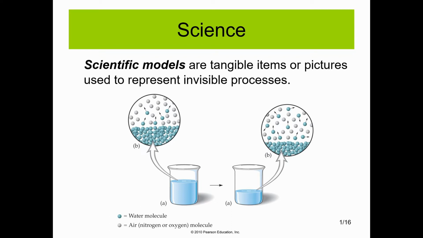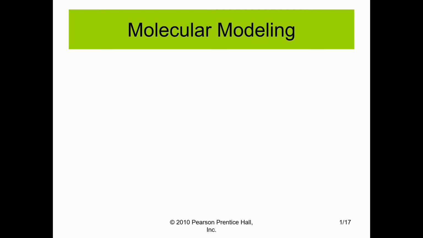With our visible eye, we can't actually see the water going from the liquid phase to the gas phase, but in the blown-up portions in the circles, you can see the movement of those molecules modeled. This would normally be a process that's invisible to the eye, but using a diagram and model, we can make it more tangible.